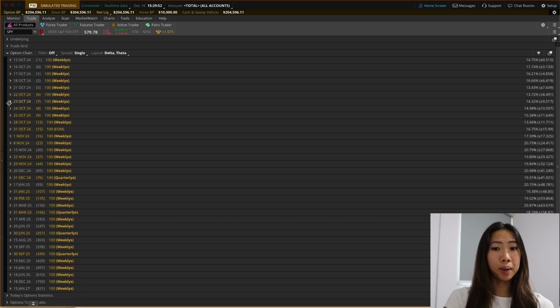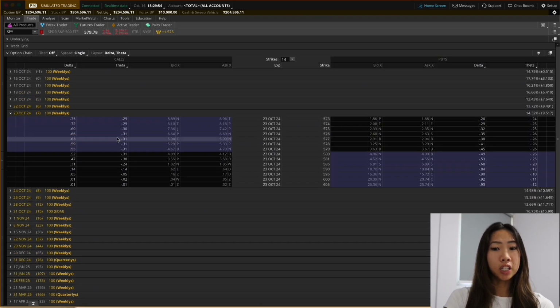Then if I go to maybe 23 October, so I go further down, you can now see the delta and thetas are very different. Now we can see that delta is $52 and here is 31. This number is significantly higher than this number, so that's a good thing. Delta is higher than theta. That's exactly what I want to see. That is going to be my main focus on determining which strike price I want.